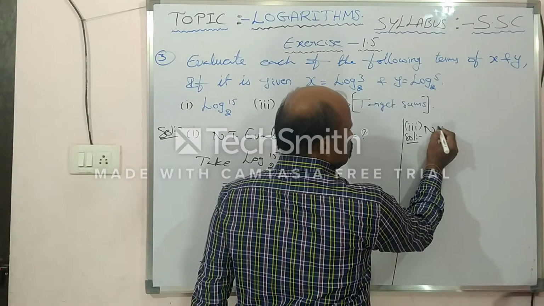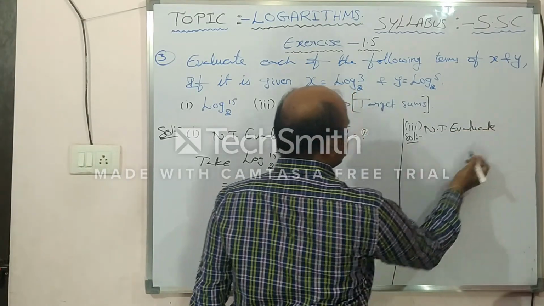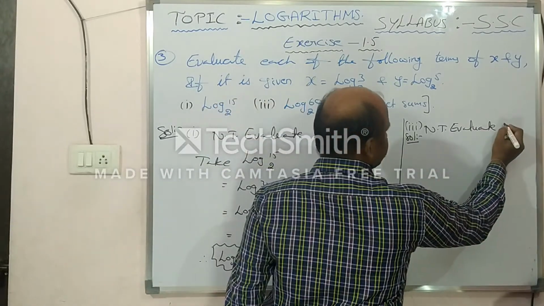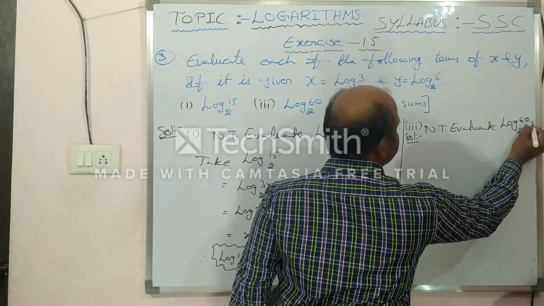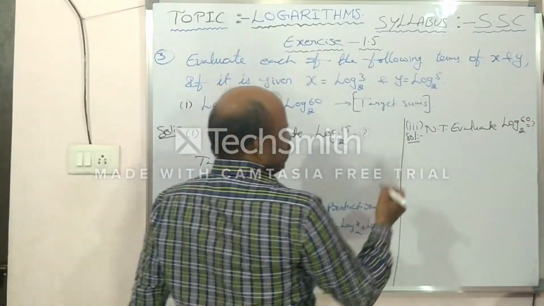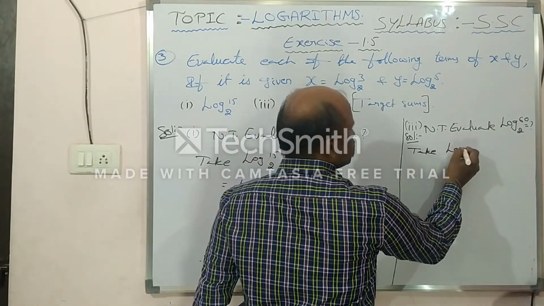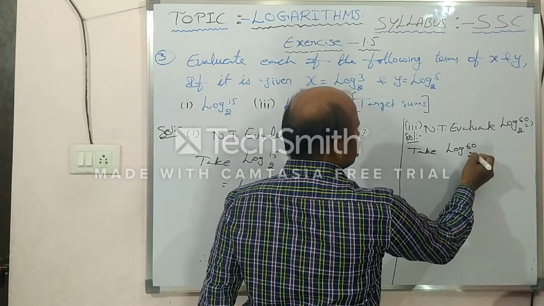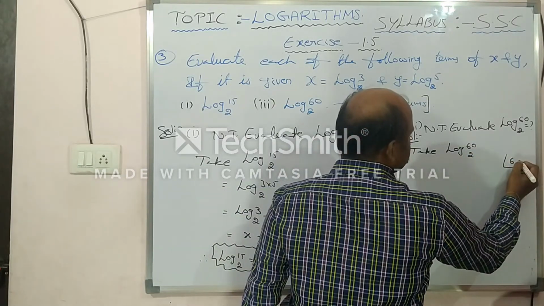Now to evaluate log 60 base 2 in terms of x and y. Now take log 60 base 2. Here 60 I am going to write as a product of prime factors.